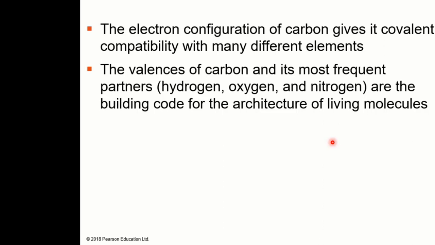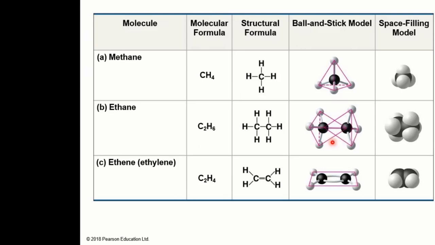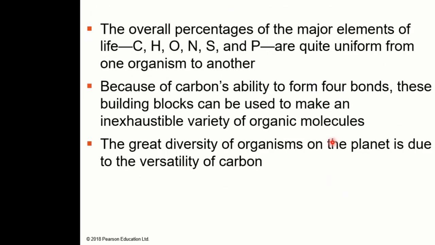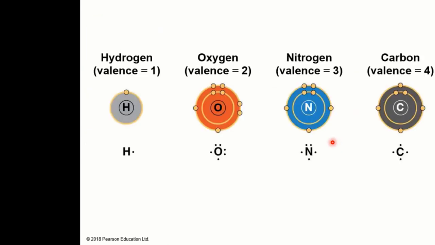What are those partners? Hydrogen, carbon, oxygen, and nitrogen. Think of this that we talked about when they give you the overall percentage of what they call the major elements of life: carbon, hydrogen, nitrogen, sulfur, and phosphorus.